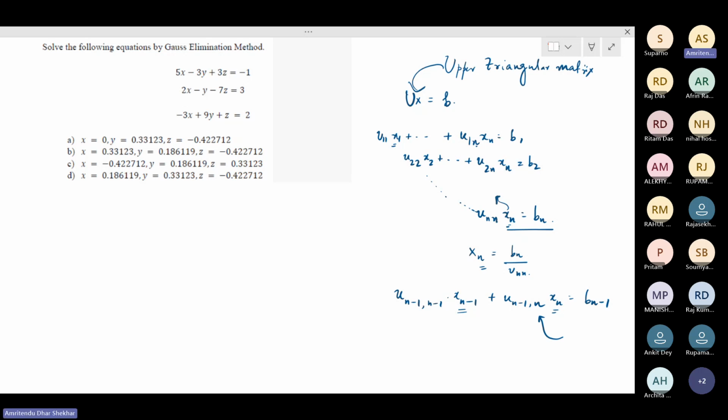The Gauss elimination method gives you a method where, if you have a system of equations, you can reduce it to an equivalent system of equations where the coefficient matrix is an upper triangular matrix.